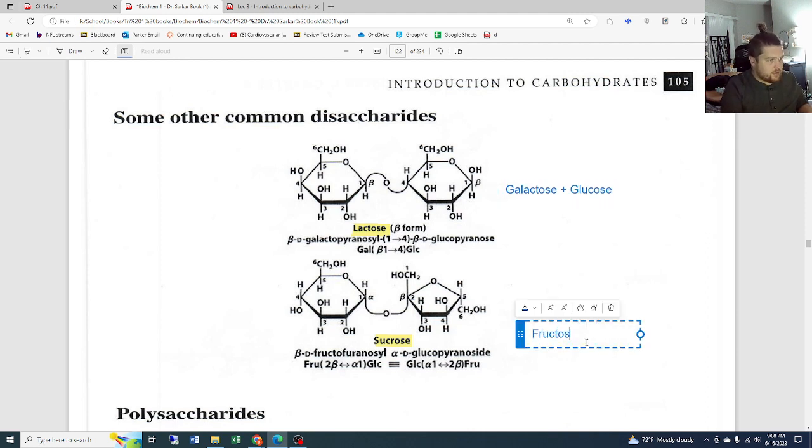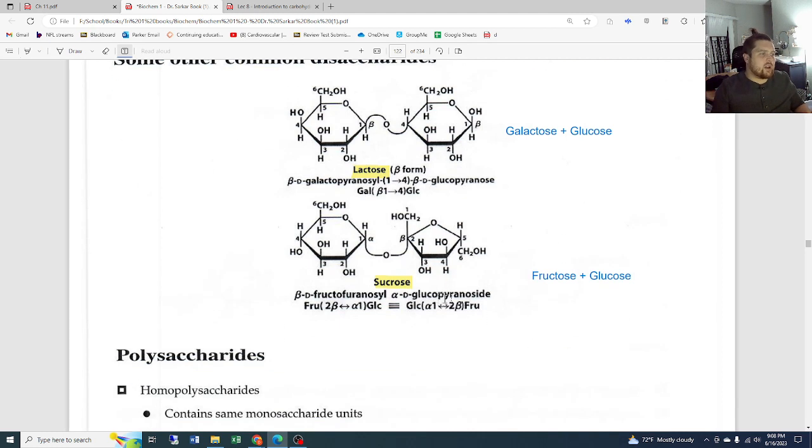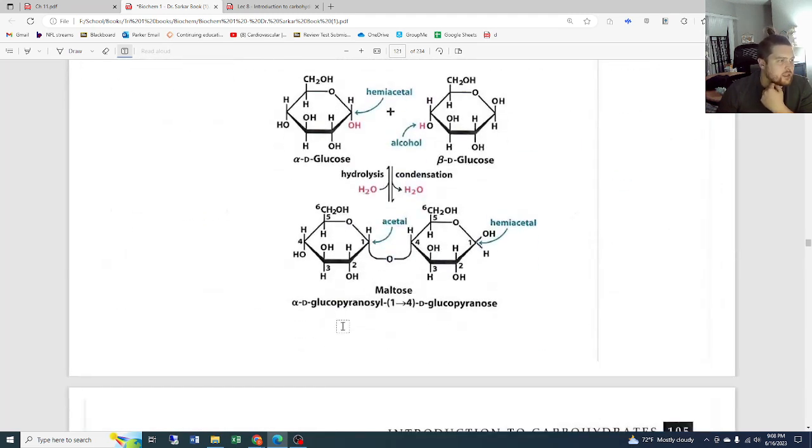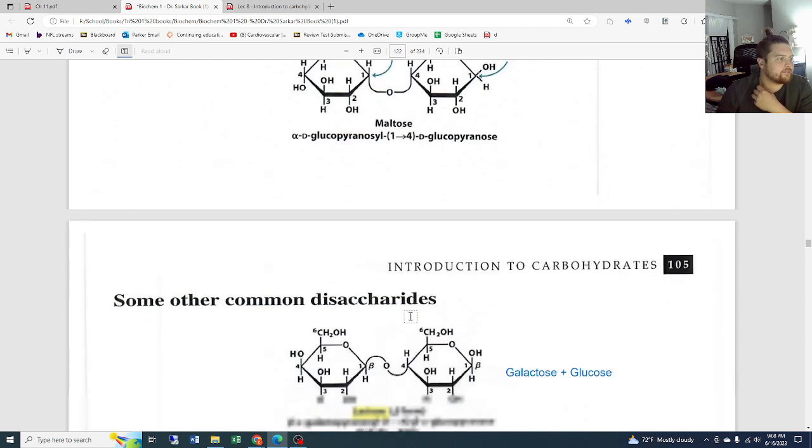Sucrose is fructose plus glucose. And it is what this is saying down here. It's got the proper quote unquote naming for it. But just know this, galactose plus glucose becomes lactose. Fructose plus glucose is sucrose. And maltose is glucose plus glucose.